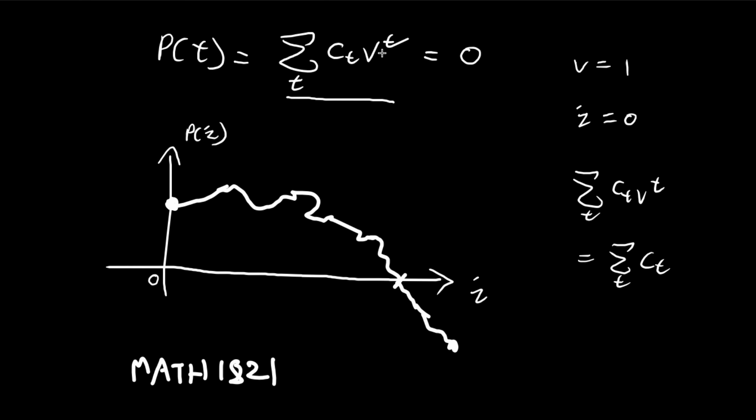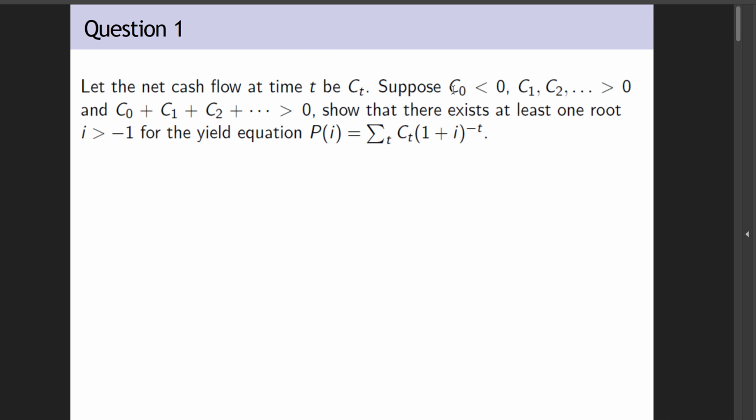And if you want to ask about the significance of this problem, you can think of it like this. The C0 in this problem, which is negative, you can think of as an initial investment. So perhaps you're buying a store. You're paying a lot of money to buy a store, and once you set up the store, you can start to earn money. The C1, C2 would be the revenue of each year.